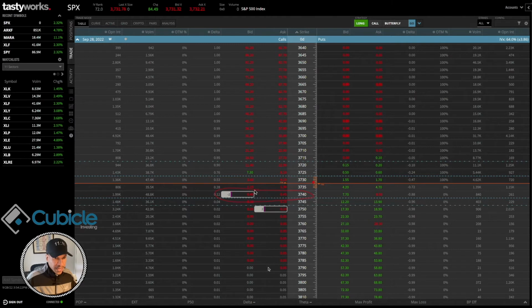But I'm pretty confident that the price of the SPX is not going to breach my strike price of 37.40, and right now it is at 37.31 on September the 28th at approximately 3:55 p.m. All right, so let's see how this plays out. Let's go back to the video and let it run.